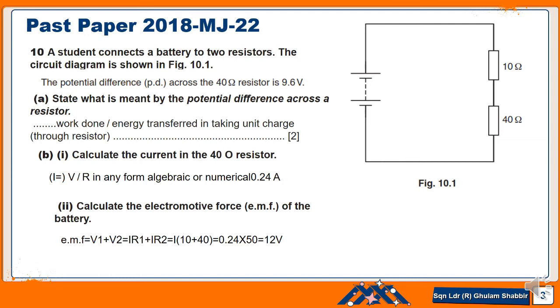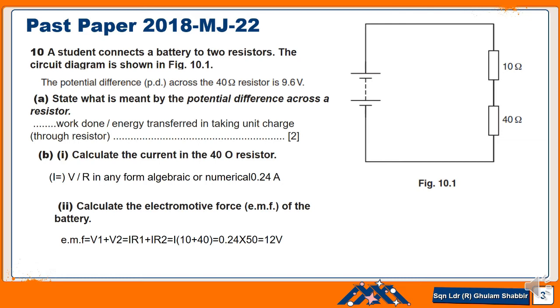Dear students, as we know, the total energy which can be supplied by the battery is called EMF, and that EMF is dissipated across the resistors in the series circuit. So the potential difference across the resistor is the amount of energy transferred into another form.